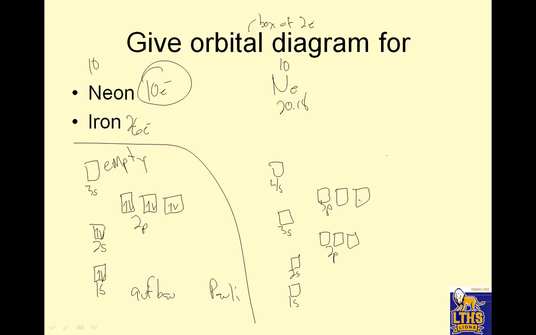Isn't that weird that 3d comes next? Now d's hold 10, so it would have 5 boxes. And then next would be 4p.